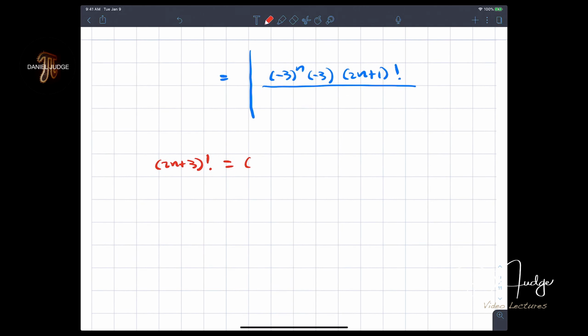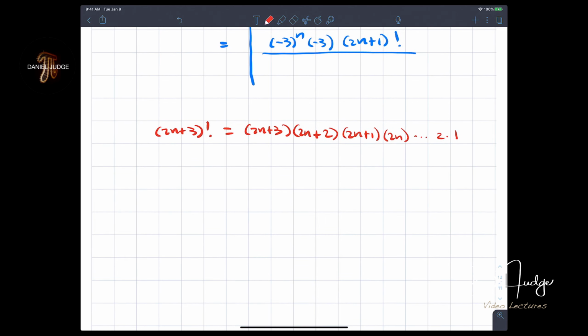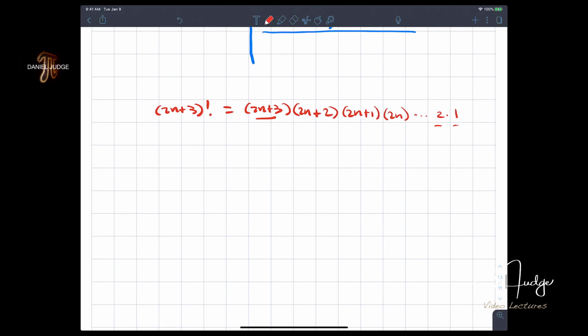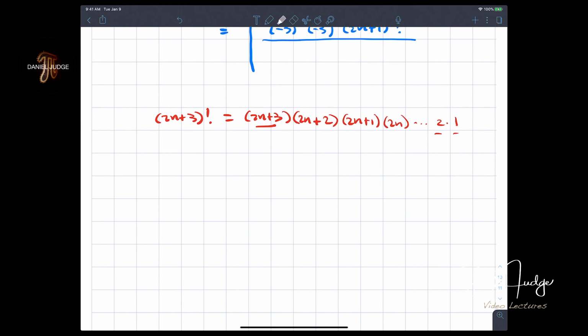Remember what factorial is. You start with the term and you count backwards. So this will be 2n plus 2, then 2n plus 1, then 2n, and that goes down to 2 times 1. You multiply and end with 2 times 1. I want to focus on this portion: 2n plus 1 times 2n, then 2n minus 1, and so on, is really (2n plus 1) factorial by definition.